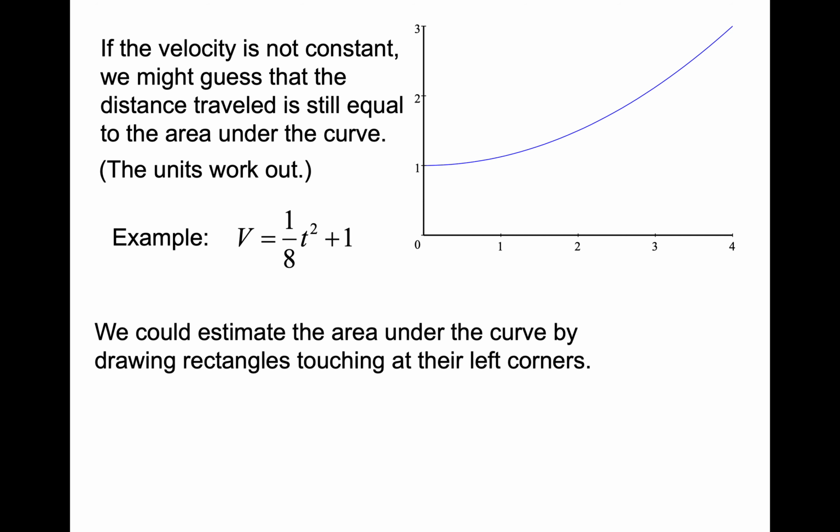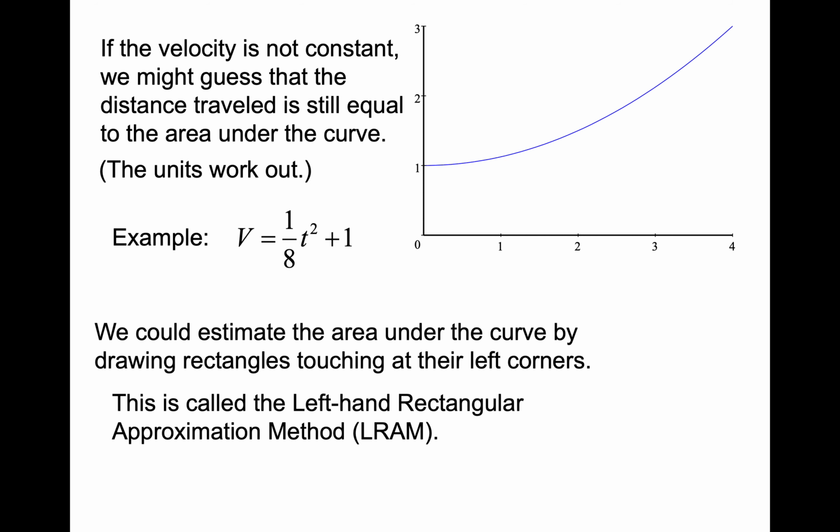What we can do though is estimate the area under the curve by drawing rectangles that touch at their left corners. This actually has a name, the left-hand rectangular approximation method, or LRAM for short. So if we were to start making a table of values, we're going to use the left endpoints, which means we're going to start with a 0.